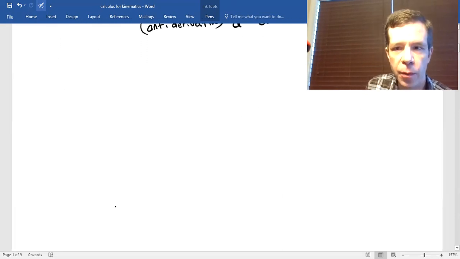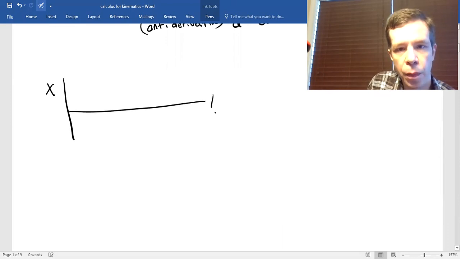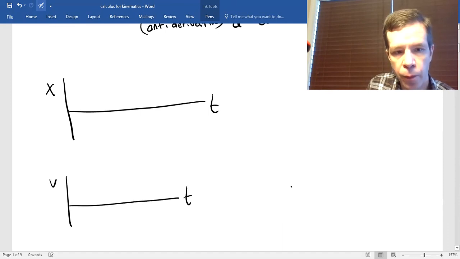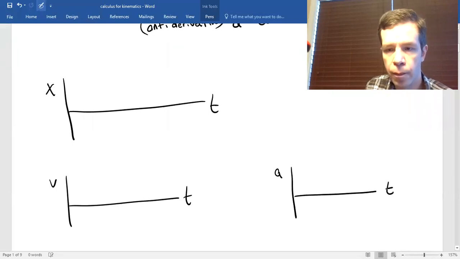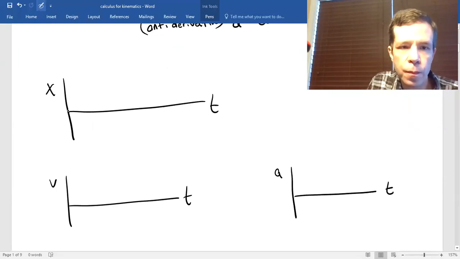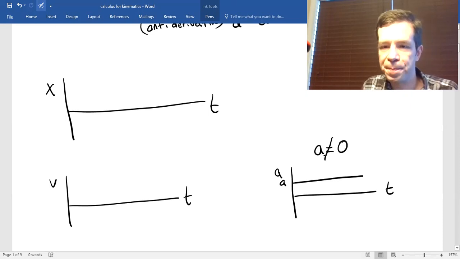All right, so let's look at one where we have a non-zero acceleration, just some a not equal to 0.